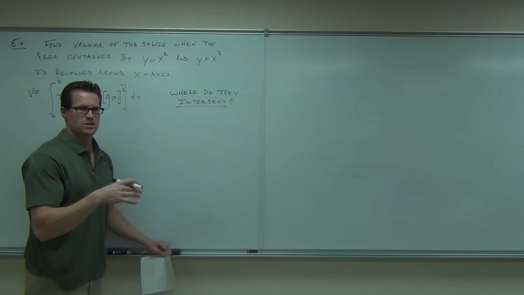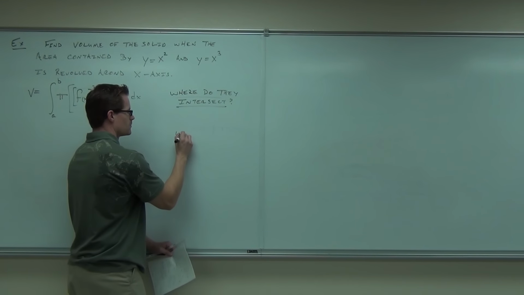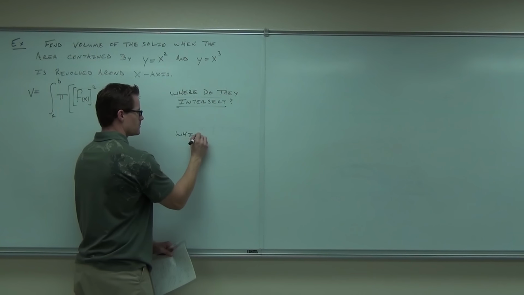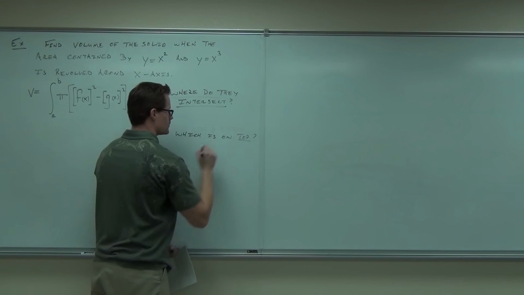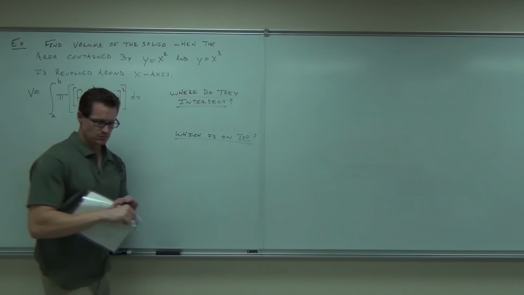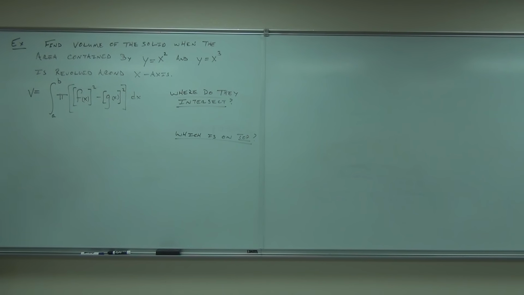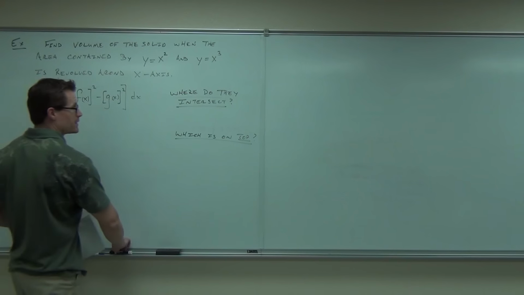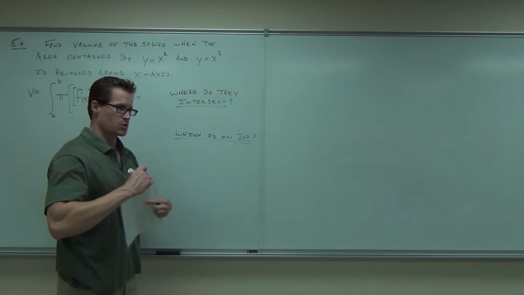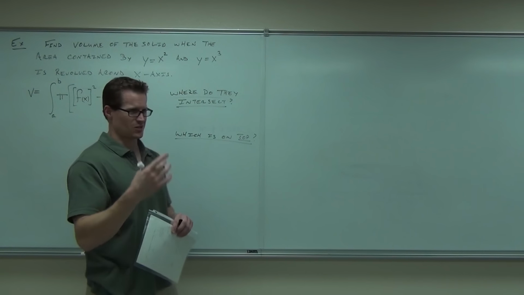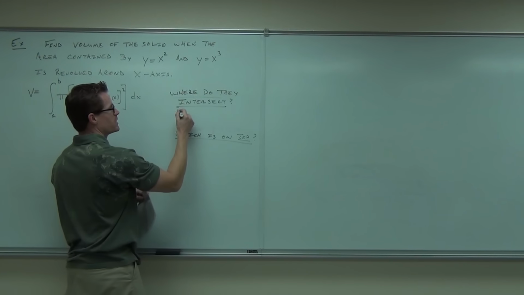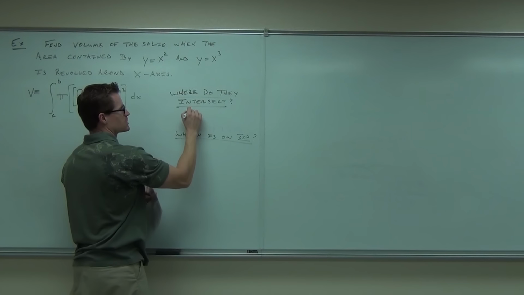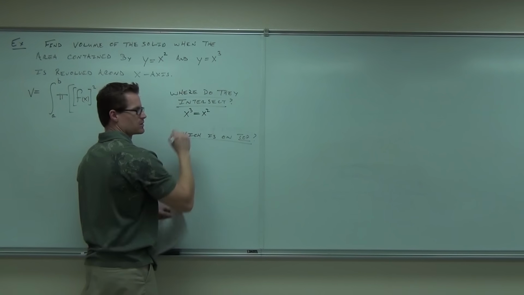And also which one is on the top. Okay, so let's find out where they do intersect. If we set them equal to each other, this is kind of nice because it's already solved for y. Basically, we have y equals x squared and y equals x cubed. Setting them equal to each other gives us x cubed equals x squared.